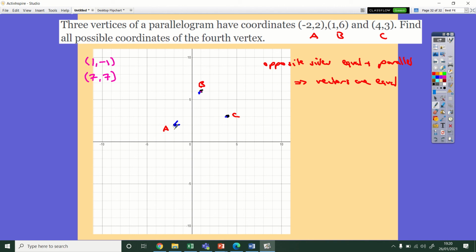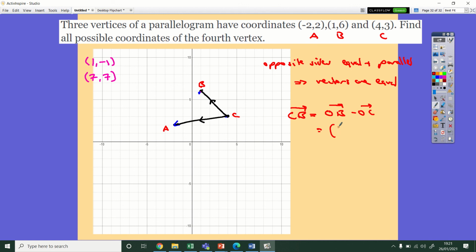Right, so we've joined these two together, we've joined these two together. I think we can join them this way, to put a fourth vertex over here somewhere. So that makes sense. So let's think about these vectors now. So C to B, I'm going to write that properly this time. C to B is OB minus OC. That's using our property before, where you do the second point minus the first point.